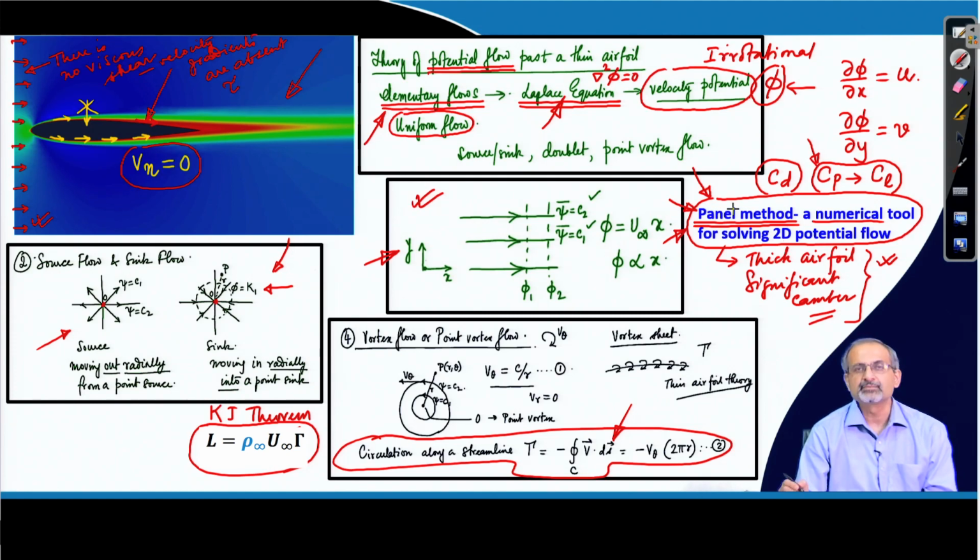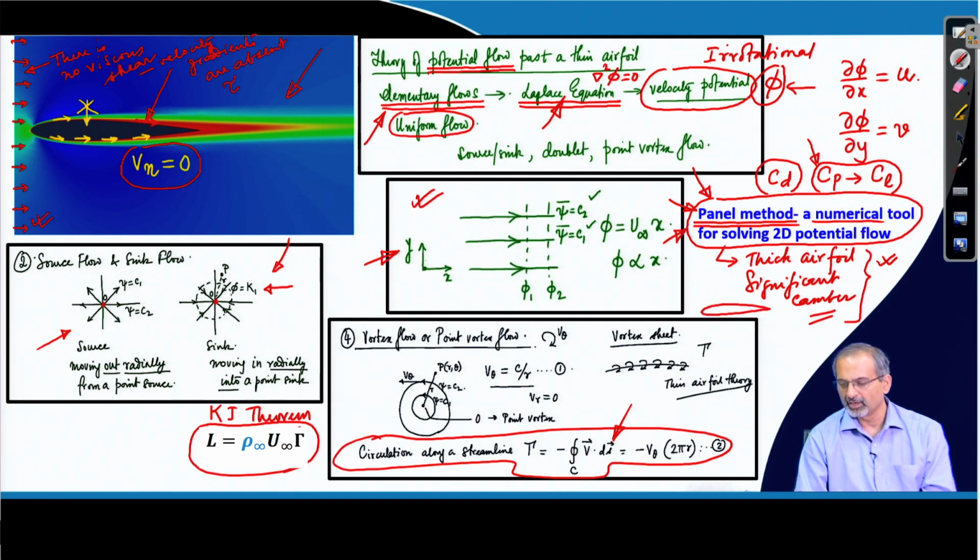Remember that in this method we do not solve for the entire flow field, but we try to solve for the pressure distribution on the body surface only by distributing elementary flows along the body surface. We do not distribute it along the chord line like we did for the thin airfoil theory. So, we had a vortex sheet disposed along the chord line in thin airfoil theory, but in the panel method we will not do that.